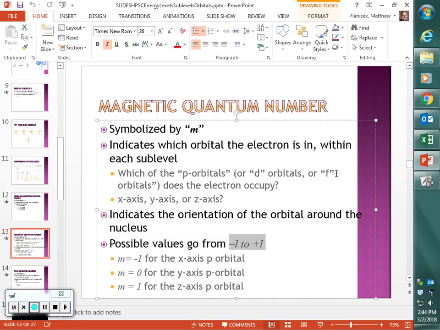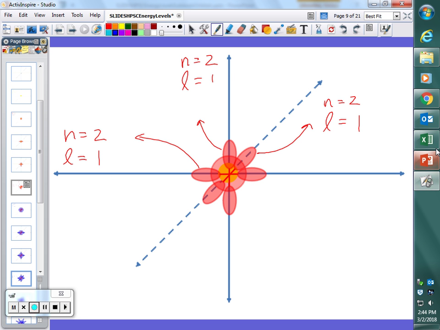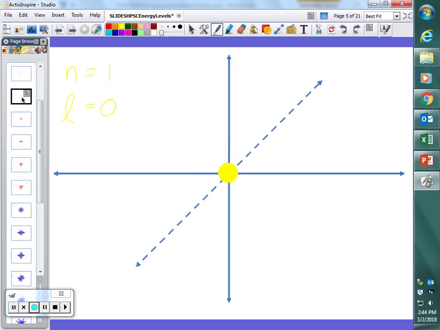All right. Let's take it back to the drawing. These are collectively the quantum numbers. Here is an s orbital in the first energy level. Because it's an s orbital, its L value is 0.